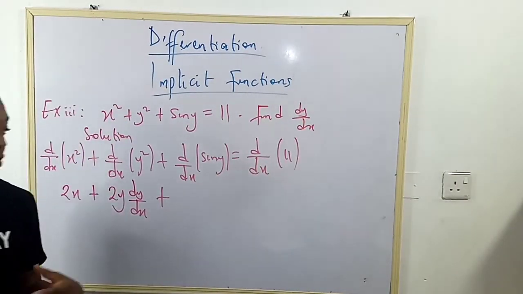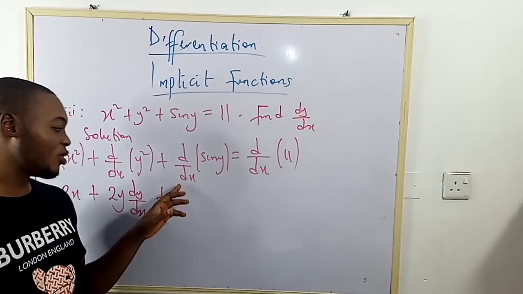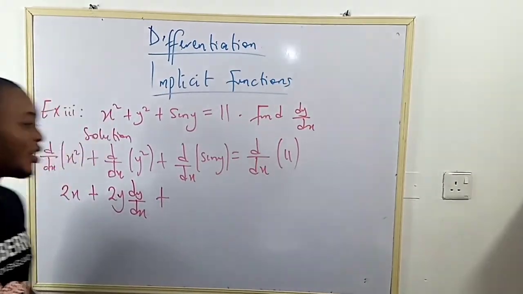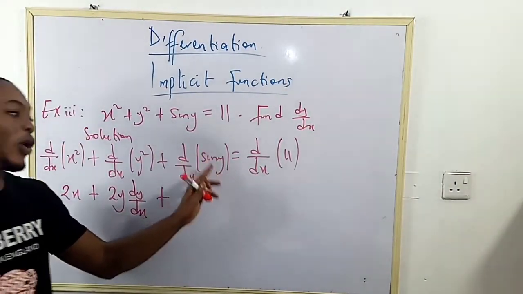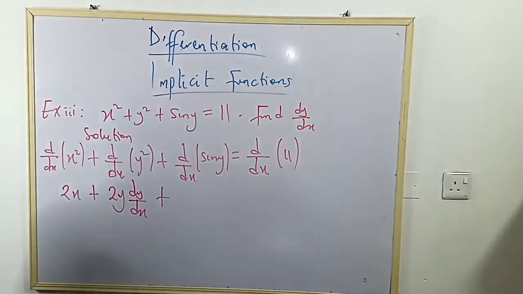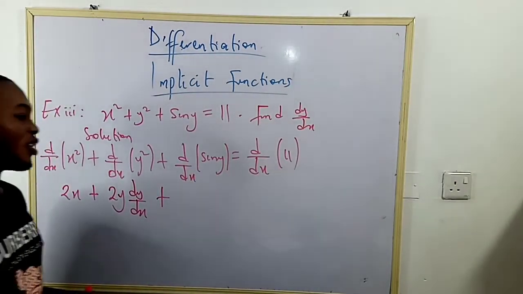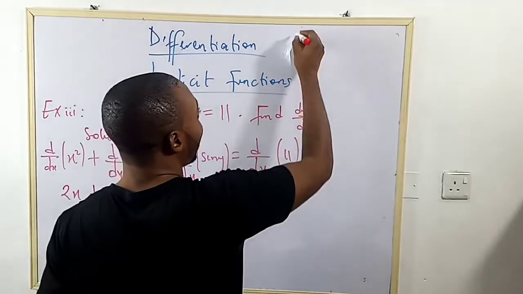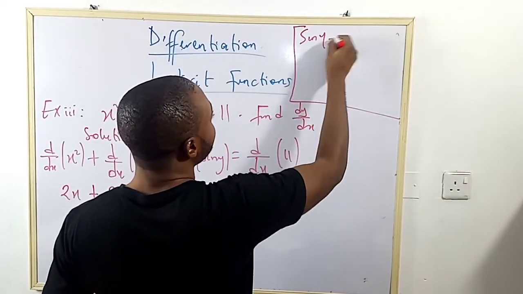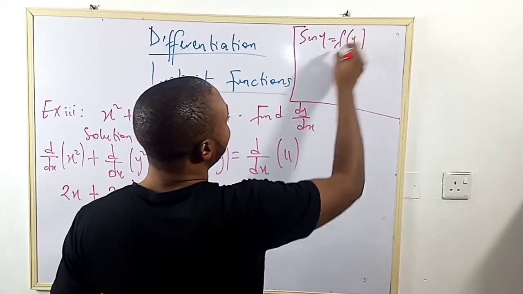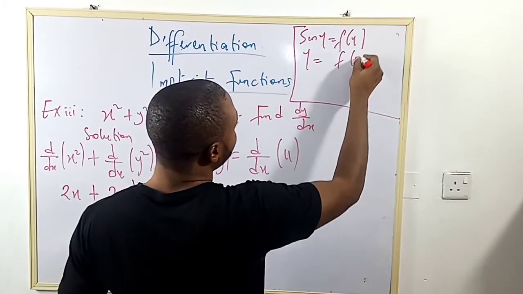Sine y, if you want to differentiate it with respect to x: sine is a function of what? Sine y is a function of y, and y is a function of x on its own. Do you get that? So sine y is a function of y, and y is a function of x.